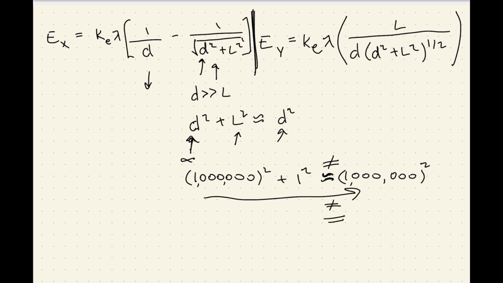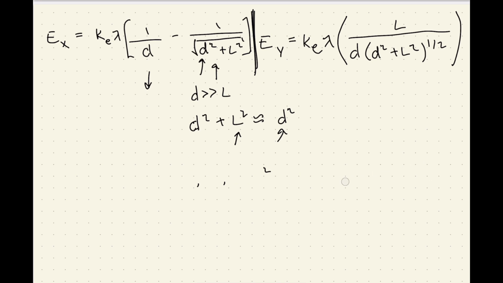Plug 1 million squared plus 1 squared into your calculator, see what the number equals, and then plug in 1 million squared and see how close those numbers are. So the approximation we are making is that D squared plus L squared is approximately equal to D squared.